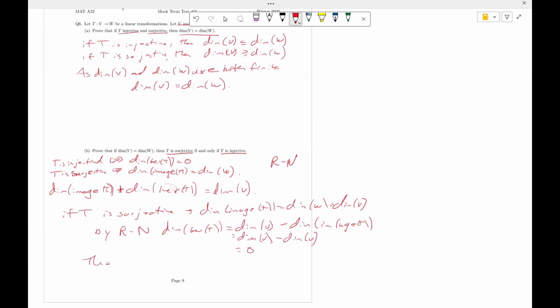Thus, T is injective. Now, the other direction is very similar, and I'm going to leave that as an exercise. Start with it being injective and show that it's surjective.